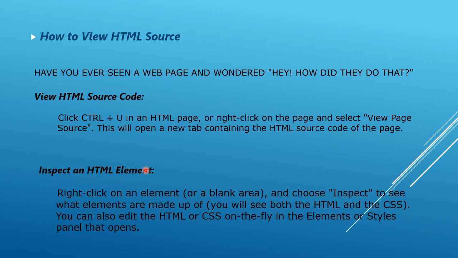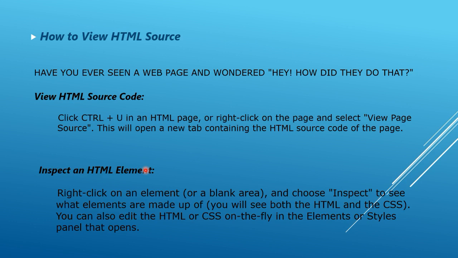And inspect an HTML element. Inspecting what? You see a beautiful image with many animations, but you want only that animation to add in your website. You need to inspect that HTML element.